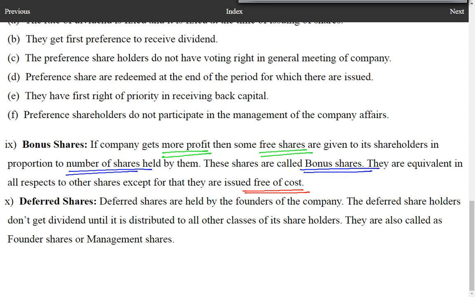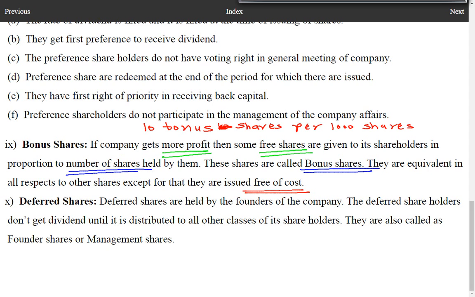As an example, suppose company decides to give 10 bonus shares per 1000 shares.